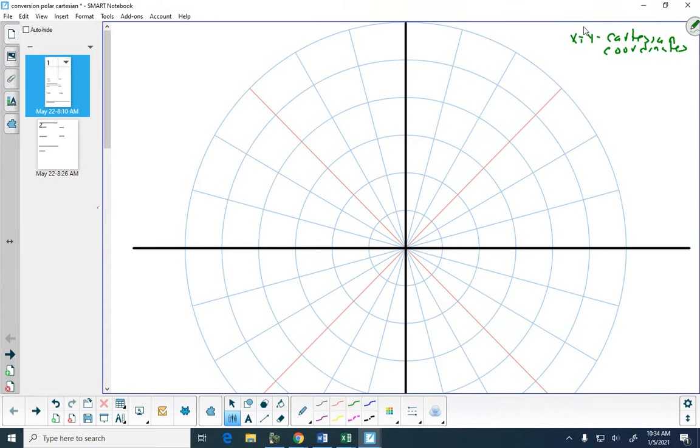So when you're dealing with x and y, you're talking about Cartesian. When you're talking about r's and thetas, you're talking about polar coordinates. Typically what we deal with is x and y's. But once again, there are areas where polar coordinates are a lot easier to work with.